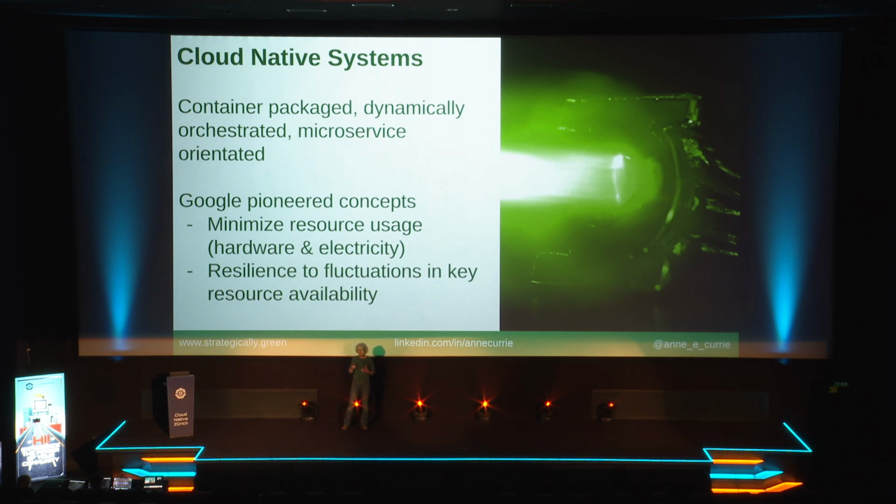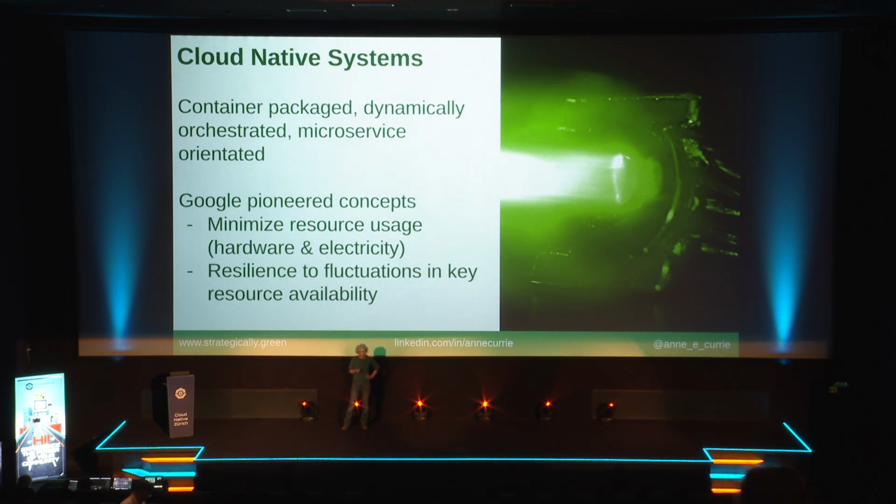And that became really the two reasons for building cloud-native systems. One was to minimize the amount of hardware and electricity used by that system. And two was to architect that system in a way that was resilient to failures or variations in the availability of the resources that underpinned your system.